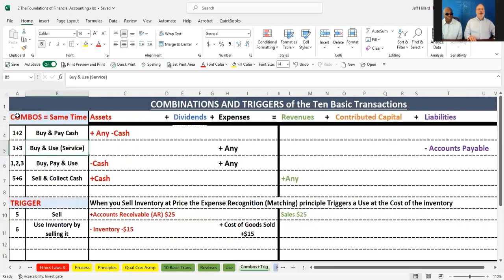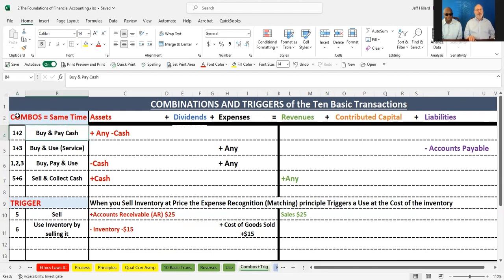Moving on. Last one. Okay, combinations. Combinations are when two basic transactions occur at the same time. Remember, buy was set up on accounts payable, and pay was get rid of the accounts payable.